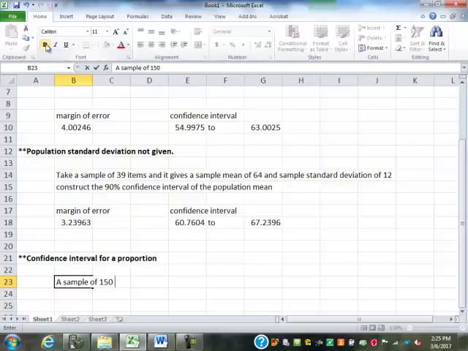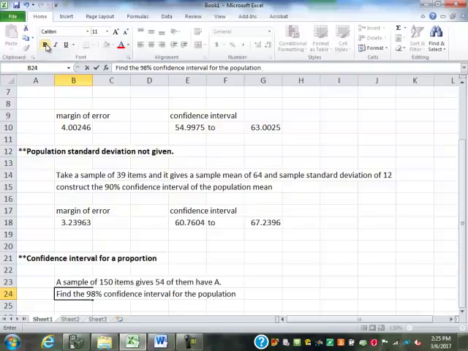Let's say a sample of 150 items gives 54 of them that have, we're just going to say, condition A. Now let's do a 98% confidence interval for the population proportion.